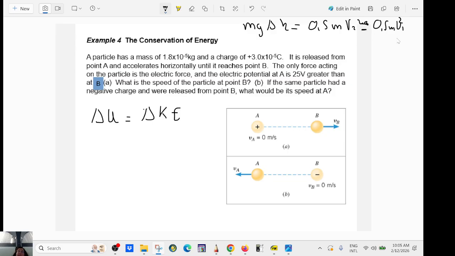Okay, change in kinetic energy. Now we have electric potential energy, which is Q delta V, equals the change in kinetic energy, so 0.5 times the mass, V2 square minus V1 square. Okay, that's the voltage drop.